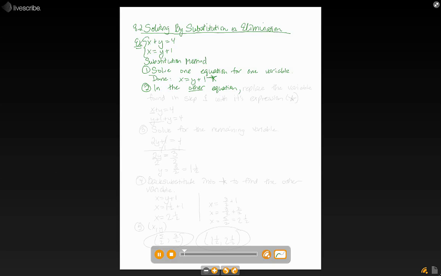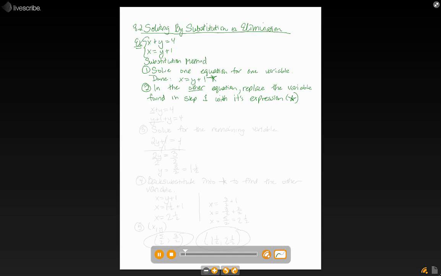So in the other equation, replace the variable found in step 1 with its expression. And then look at star for this step. Okay?